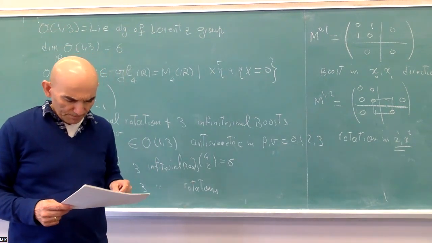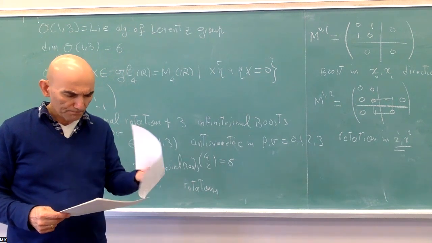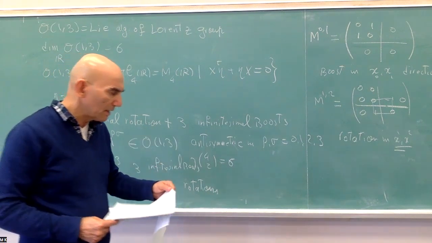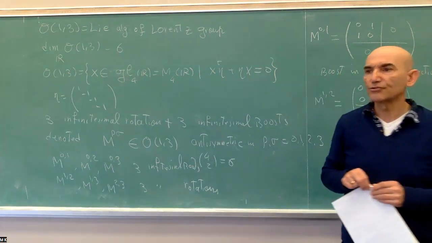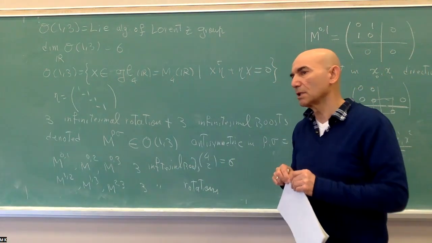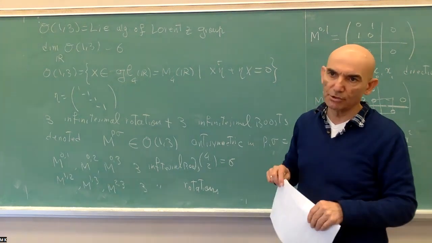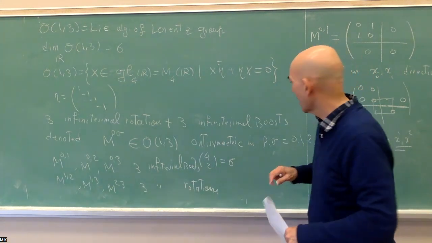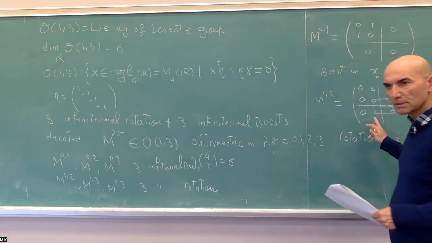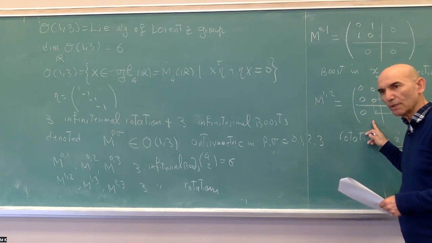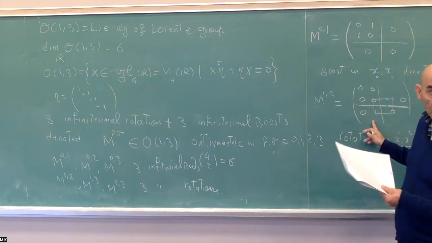Now, these matrices satisfy some strange-looking commutation relations. We know the commutation relations for these guys. These are like SU(2) essentially, if you complexify especially.